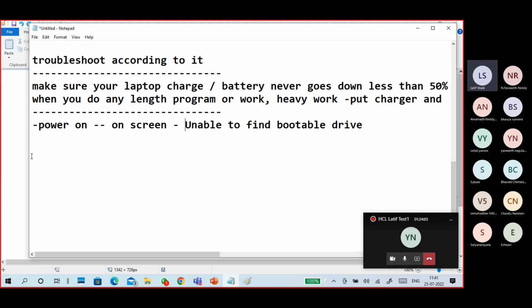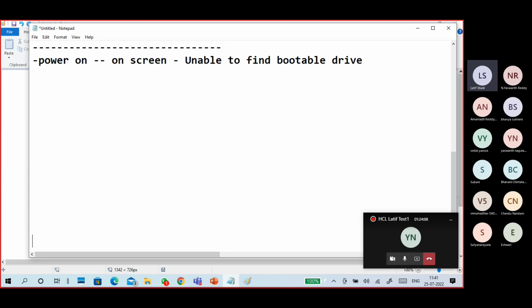This means POST is successful. So you do not need to check the power connection, the network connection, or the internal button connections. Not required, right? The system is working fine. The only thing is it is not able to boot, meaning there are no OS related devices. First of all, maybe it is a fresh PC.